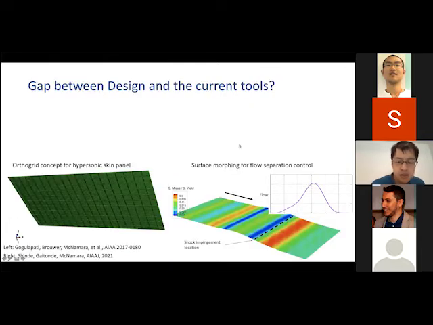Now, to give you a more concrete example of what we should expect for this complex interactional problem, let's think about the lower left case, where we see a panel with many stringers. It's a rather complex structure for the surface of a hypersonic vehicle.